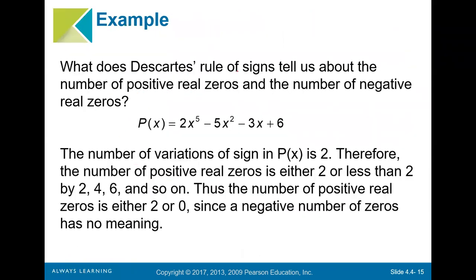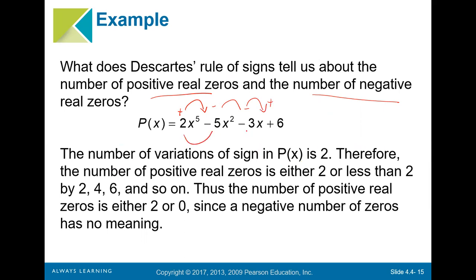So what does Descartes' rule of signs tell us about the number of positive real zeros and the number of negative real zeros? The number of variations of sign in p of x is 2. What does that mean? That means we got a positive that went to negative. Well, negative stayed negative. That didn't change, but we got a negative that went to positive. So we have 2 sign changes.